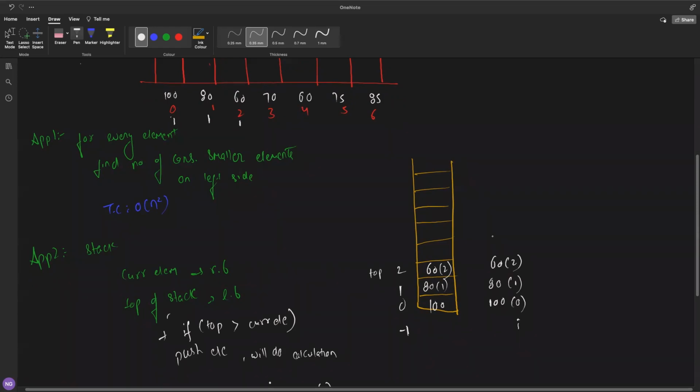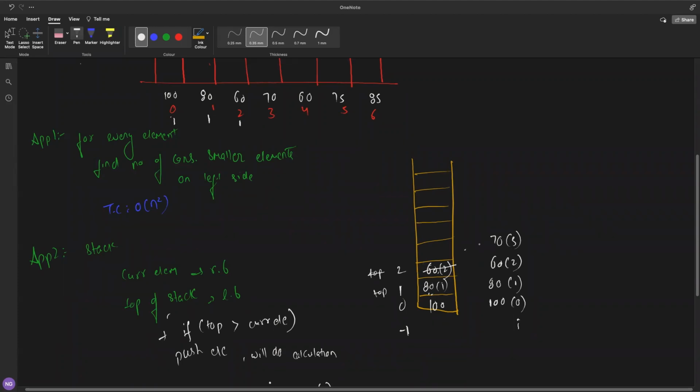Next element is 70. Now 70 is coming with index 3. We know that 60 is smaller than 70 and it cannot be the left boundary for 70, so we will pop 60. Now what is the top of the stack? 80. So 80 can be the left boundary. The left boundary needs to be greater than the current element.